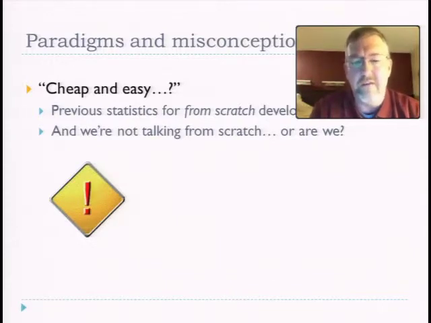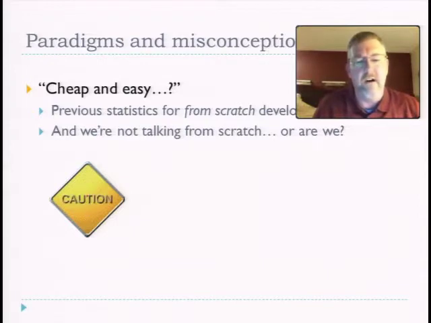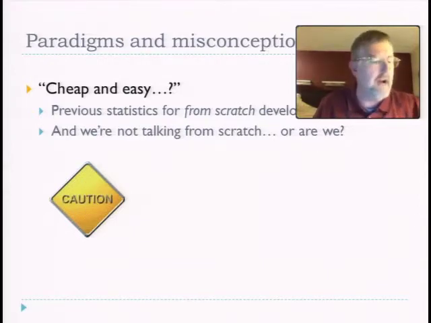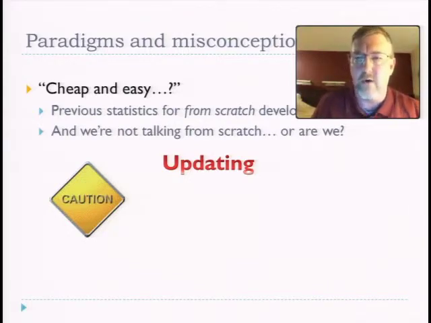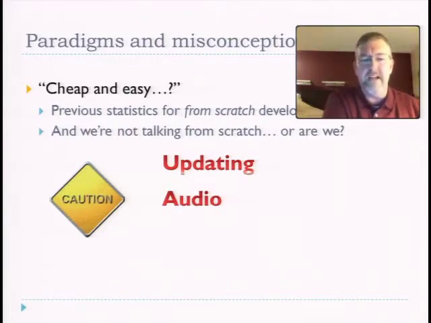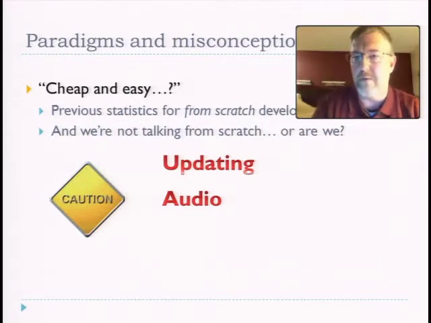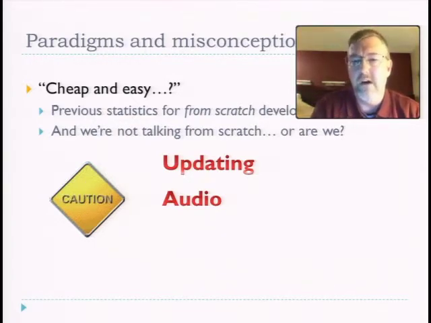All right, moving forward, again, we said we're not talking absolutely from scratch, but we're not talking fully developed for the web either. So one caution that I would give you here is that there are quite a few discussions that we need to have with champions about transitioning from the instructor-led world into the e-learning world, and that's a great time to update the course. However, one thing about updating the courses I would caution you about is the potential for updating can lead big time to scope creep, and that's a very fine balance that you're going to have to talk over with them and the subject matter experts.